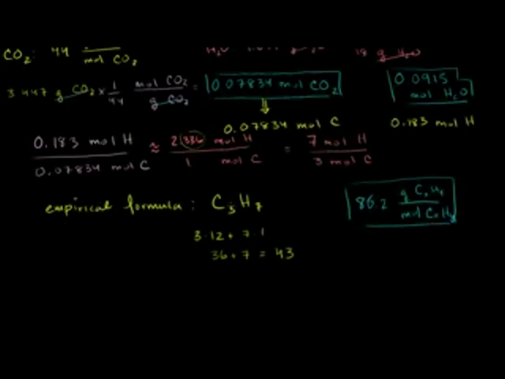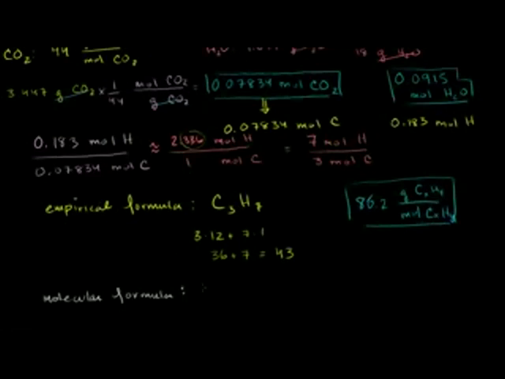We must have twice as many atoms in the same ratio. So the molecular formula, we're in the home stretch now, must have twice as many atoms in the exact same ratios.